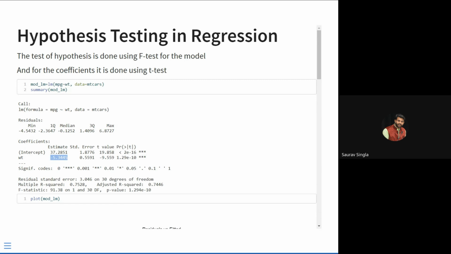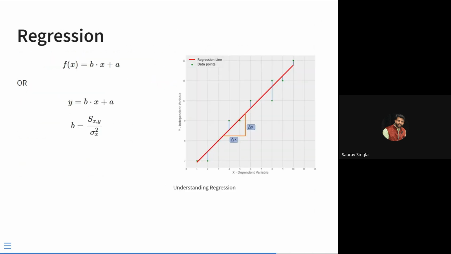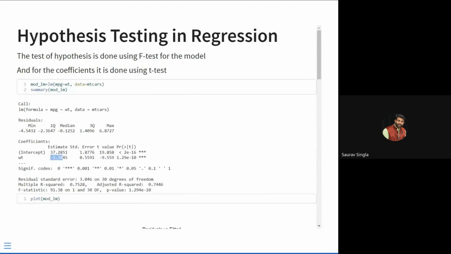So the estimate is telling you that your A is 37.28 and your B is minus 5.34. Firstly, it is telling that there is a negative relationship. The higher the weight, the lower will be the MPG.